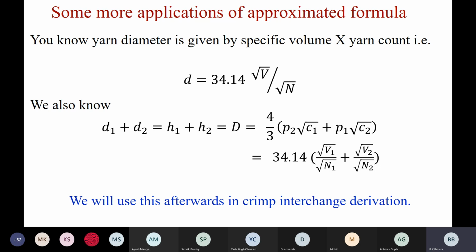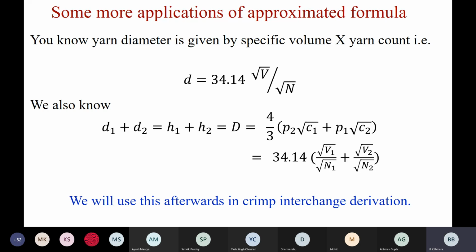And this is one of the equations for the diameter of yarn, if you know the volume and count of the yarn. So we take specific volume. Specific volume is volume per unit mass, like density is mass by volume. Density is equal to m upon v, mass by volume. So specific volume is the reciprocal of density.